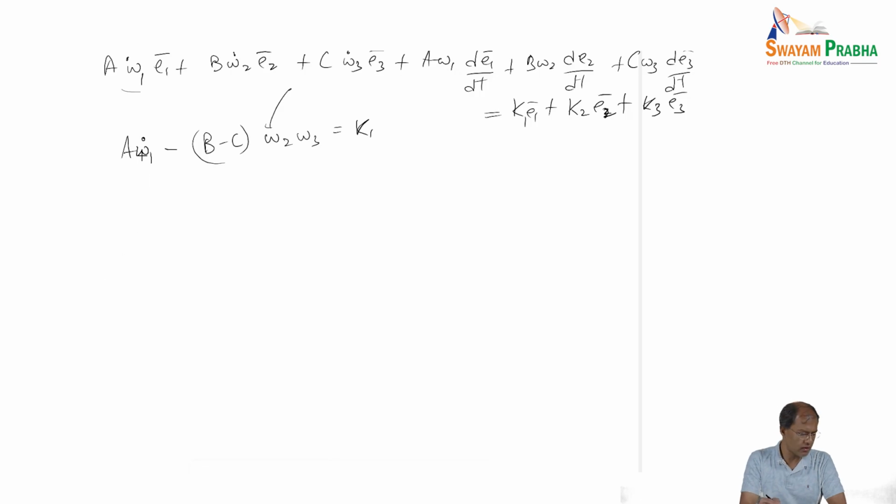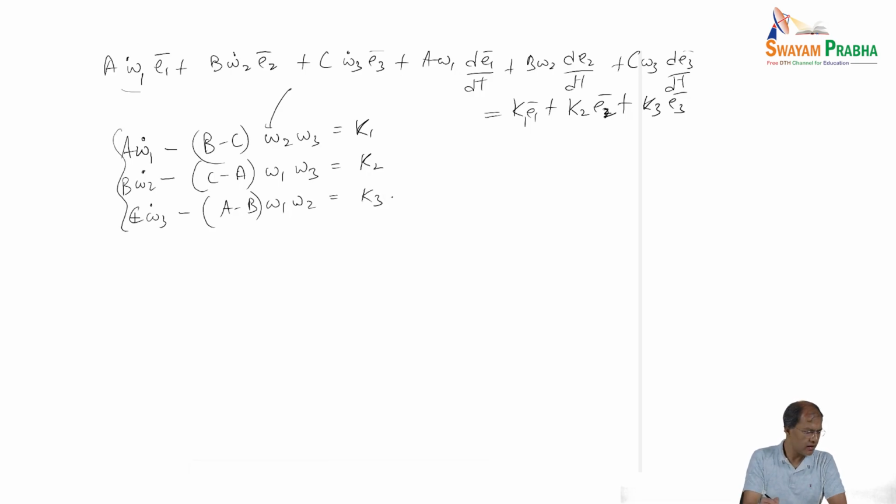Similarly, we have two more symmetric equations: B omega 2 dot minus C minus A, omega 1 omega 3, equals K2, and C omega 3 dot minus A minus B, omega 1 omega 2, equals K3. These are the so-called Euler's equations, the equations of motion in the moving frame.